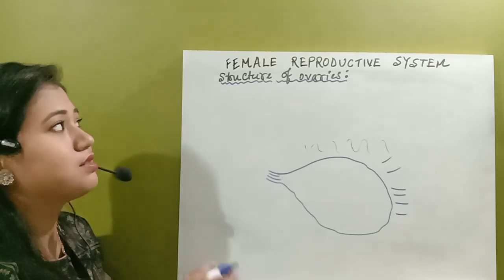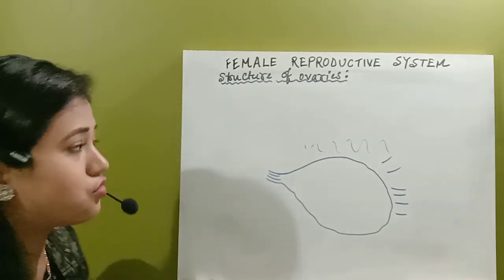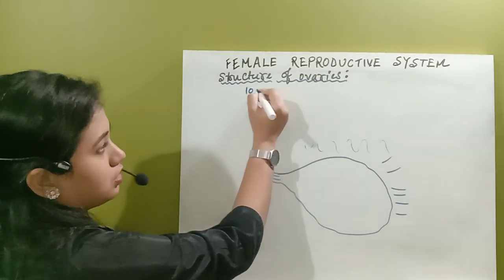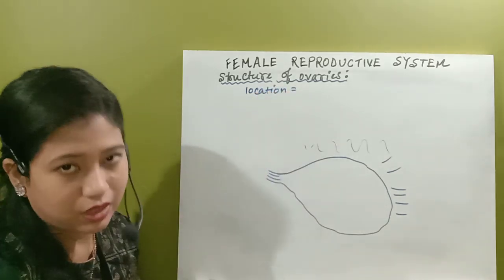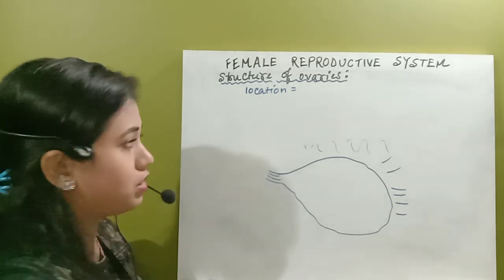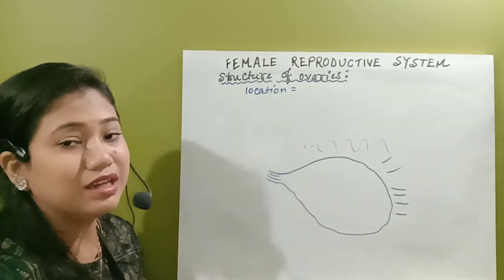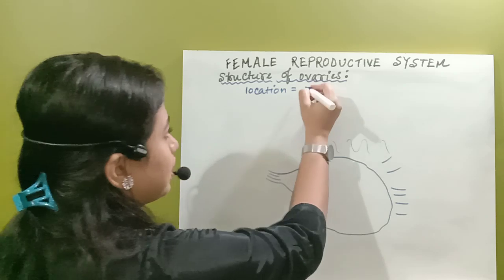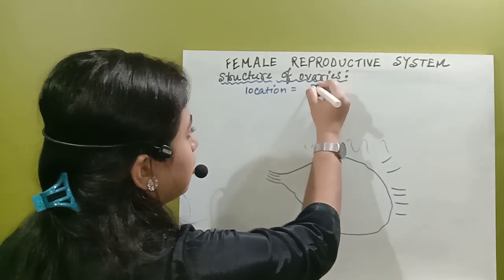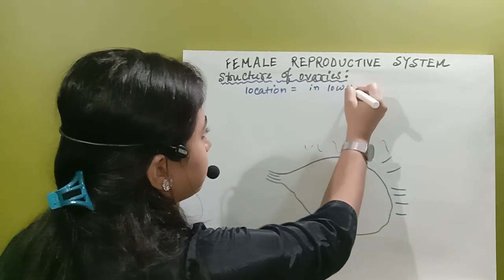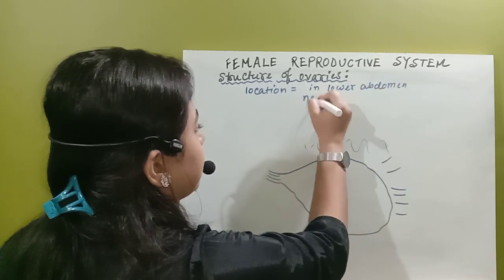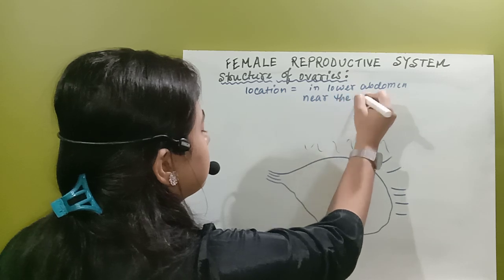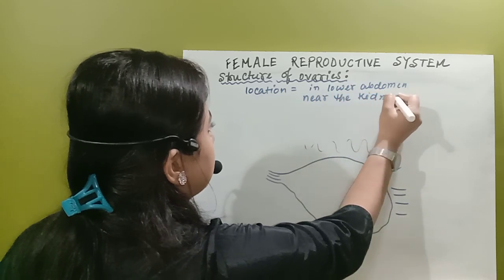Now just see this ovary, what is its location? It is present in the lower abdominal region, near the kidneys.